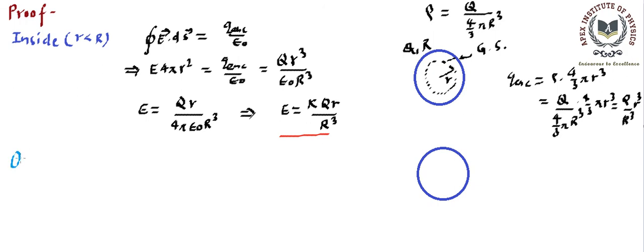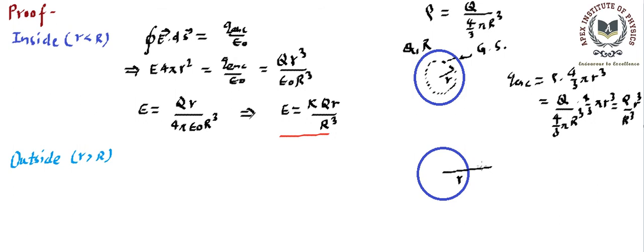So let's go for the outside. If we are working for the outside, that means r is greater than capital R, and again we will start from Gauss law and make a Gaussian surface at a certain r distance from the center.